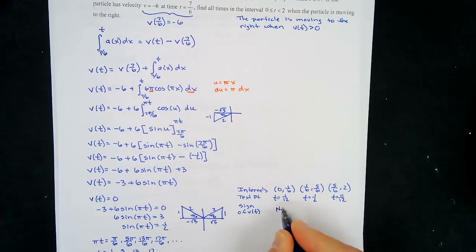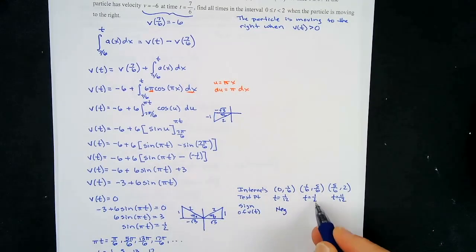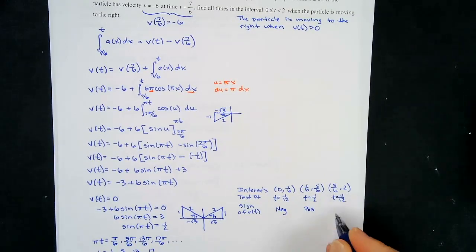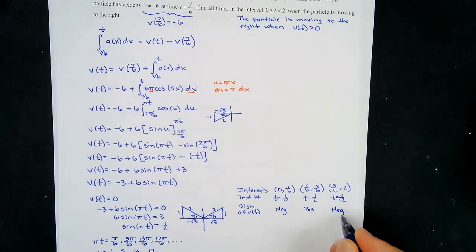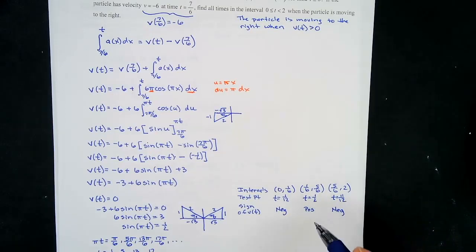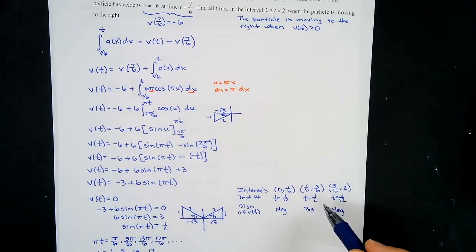This would come out to be negative. If we put in 1/2, this would come out to be positive. And then this one would come out to be negative. All right. And so we can tell that, again, we were looking for where the velocity is positive, and so the velocity is positive only between 1/6 and 5/6.